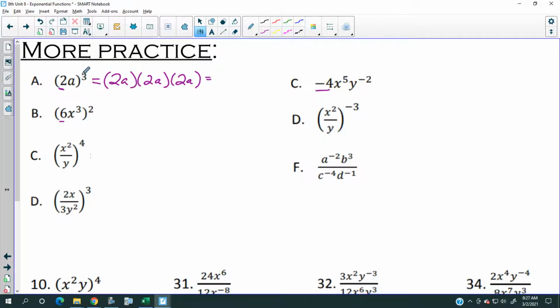Here I laid this out already: 2a in parentheses to the third power. You can expand it like that: 2 times 2 times 2 is 8, not 6, and a times a times a is a to the third.